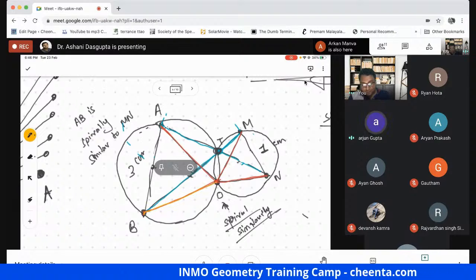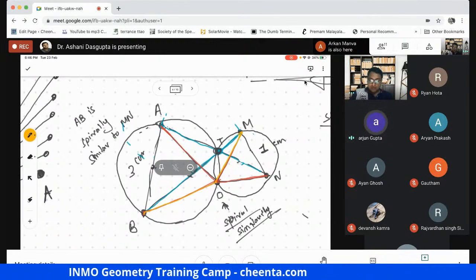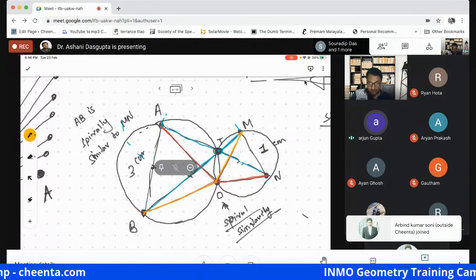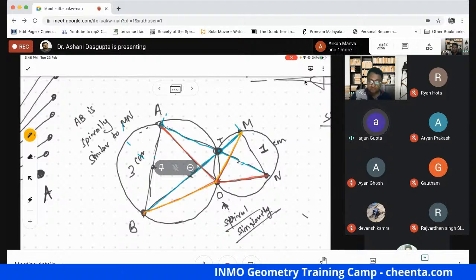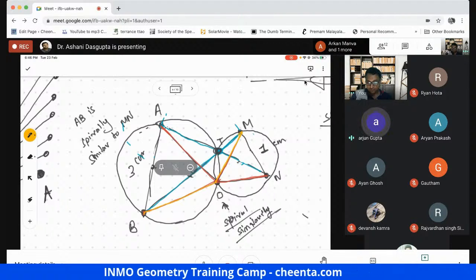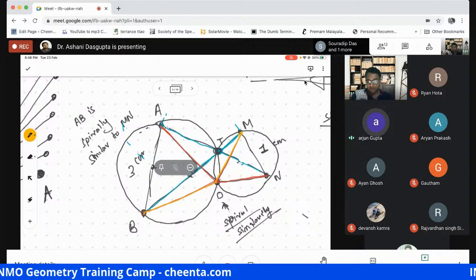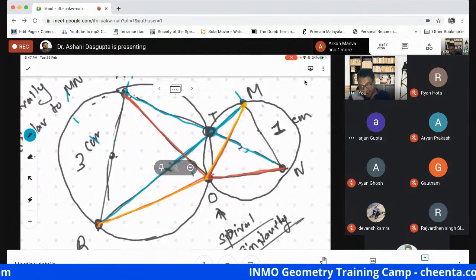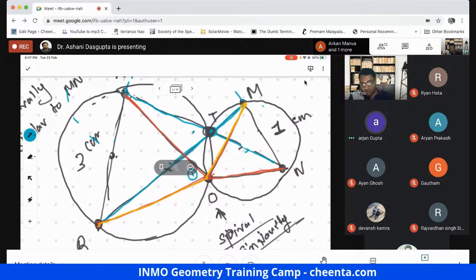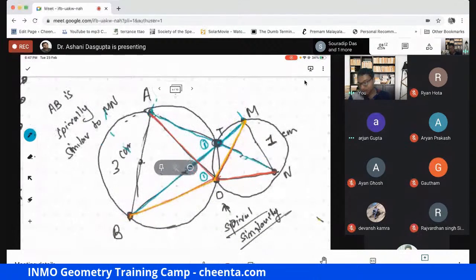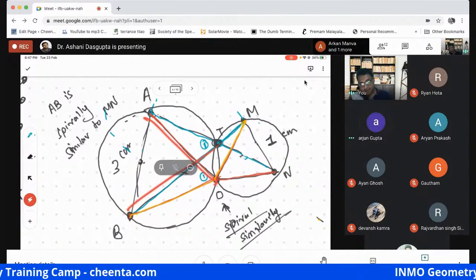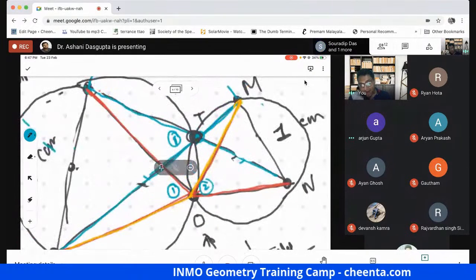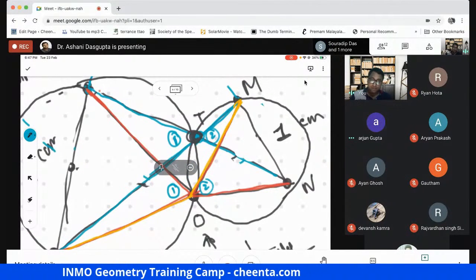Sir, to prove that it suffices to show that angle MON is equal to angle AOB, and angle MON is equal to angle MTN and angle AOB is equal to angle ATB, and those two angles are equal just by vertically opposite angles. Okay. So what Arjun is saying is that this angle 1 here is equal to this angle 1 because of the stuff that is here, and this angle 2 here is equal to the angle 2 by the angle in the same segment property.